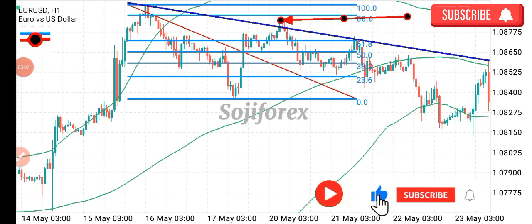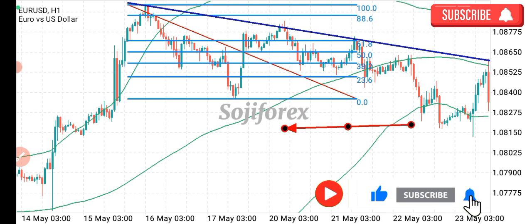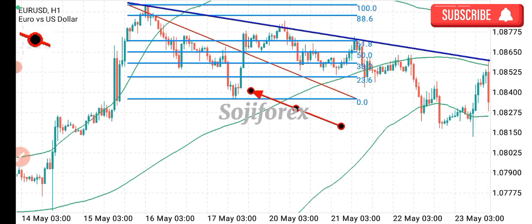So that is it, and then you can see that this price now pulls back. Once we are at this level, we don't make entry until price pulls back to the 50.0 level.